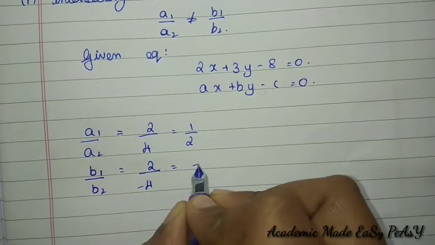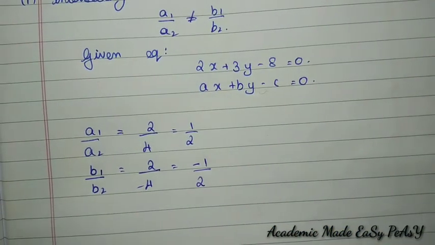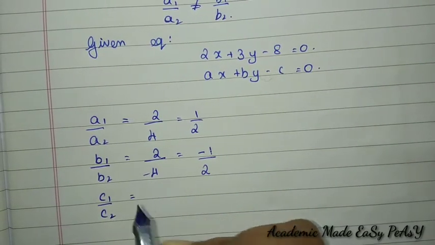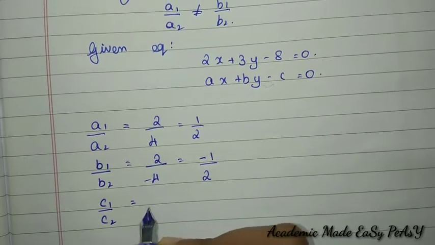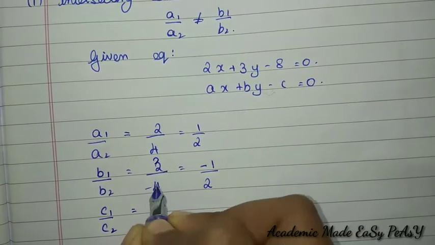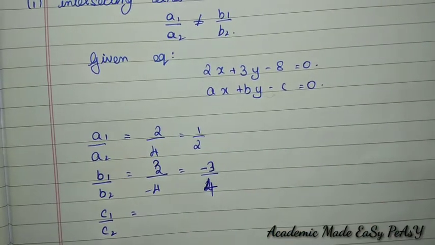So I will have minus 1 by 2. Is a1 by a2 equal to b1 by b2? No. For c also I will take c1 by c2 because we have to form the equation. Oh sorry, here it is 3, so 3 by 4. I will have 3 by 4 itself.